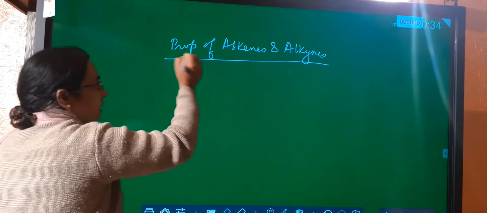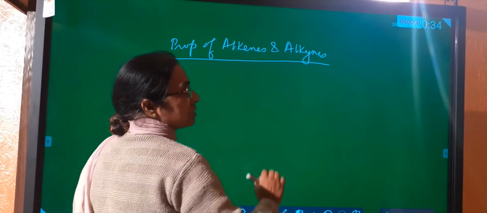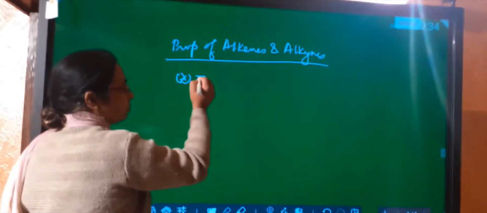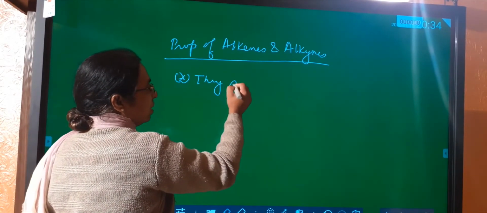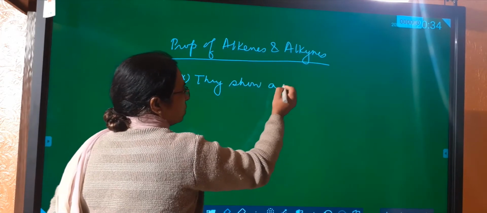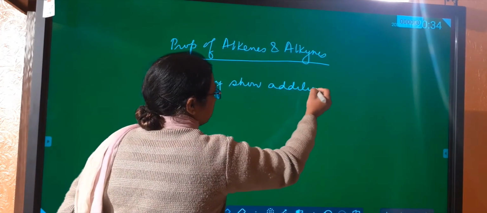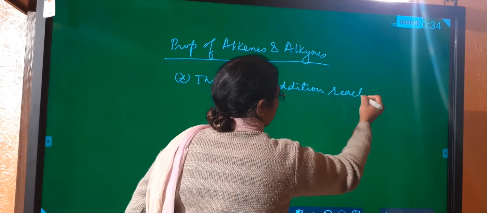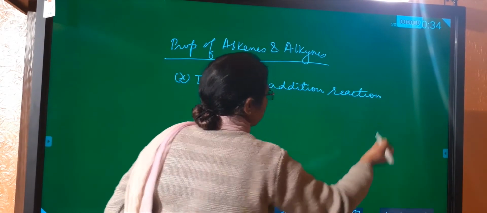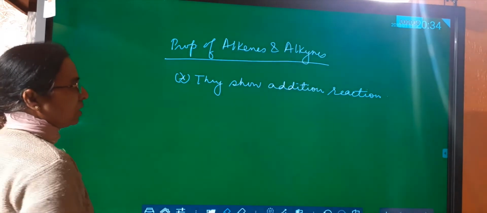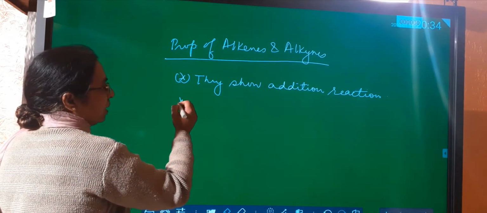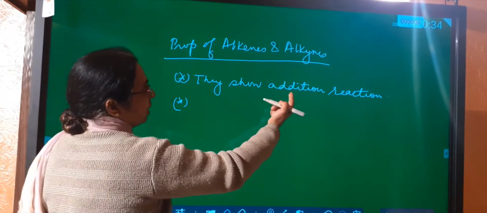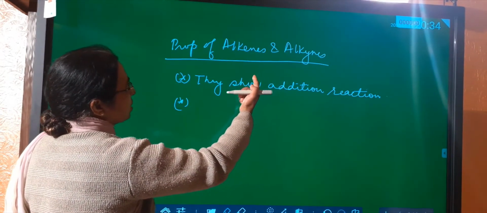Since alkenes have a double bond and alkynes have a triple bond, they show addition reactions.